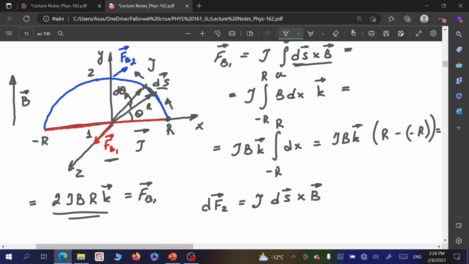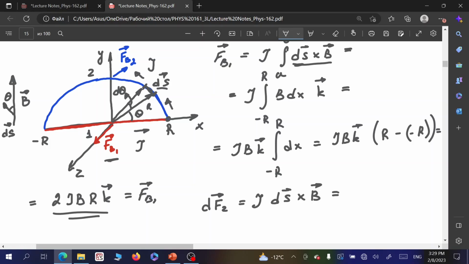At this point, the angle between ds vector and B vector, we can draw it here. So this angle is theta, and this is ds vector. So we can take that into account and write the following.